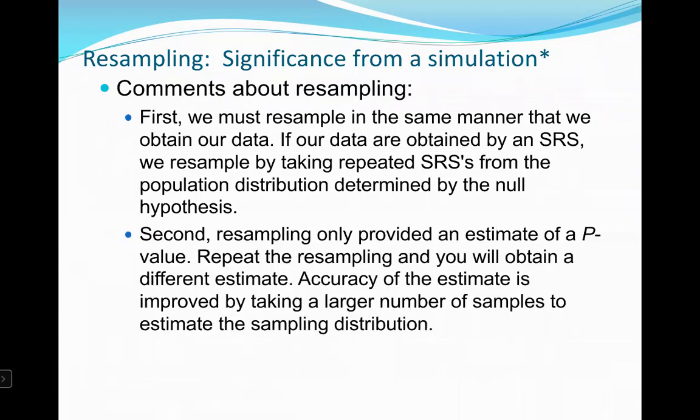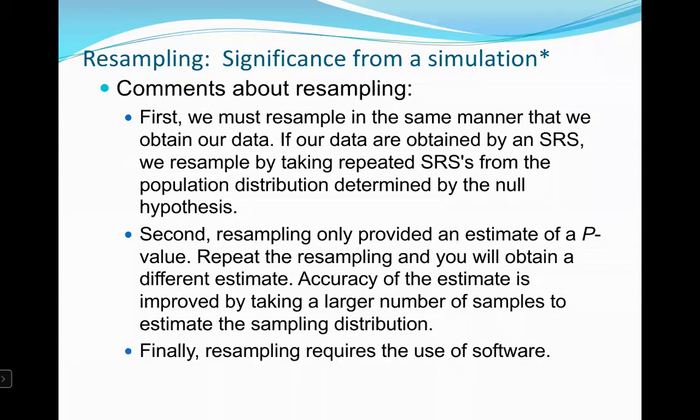Second, resampling only provides an estimate of the p-value. Repeat the resampling and you will obtain a different estimate. Accuracy of the estimate is improved by taking a larger number of samples to estimate the sampling distribution. Finally, resampling requires the use of software.